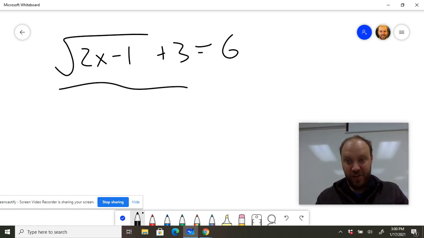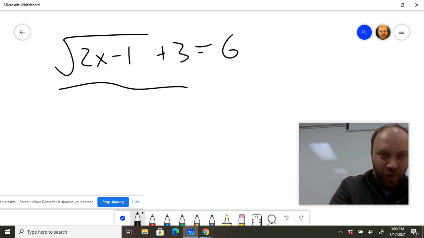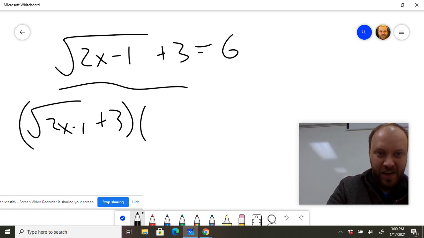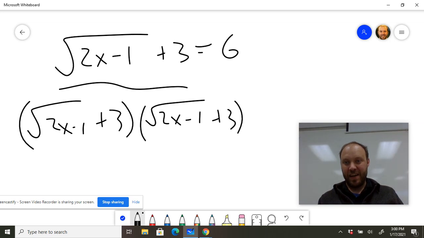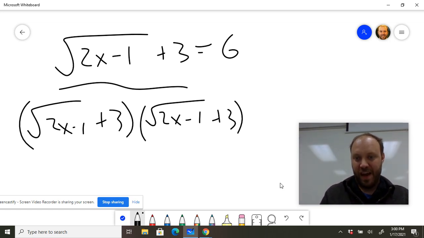The only way you can do that is to take that whole thing and multiply it by itself, which is going to end up being a really big and really nasty FOIL problem. So it is technically legal to try to square the entire left-hand side at the start of the problem, but you do not want to have to work that out.